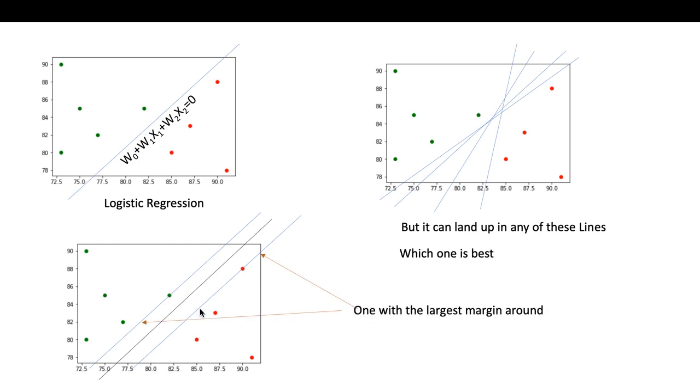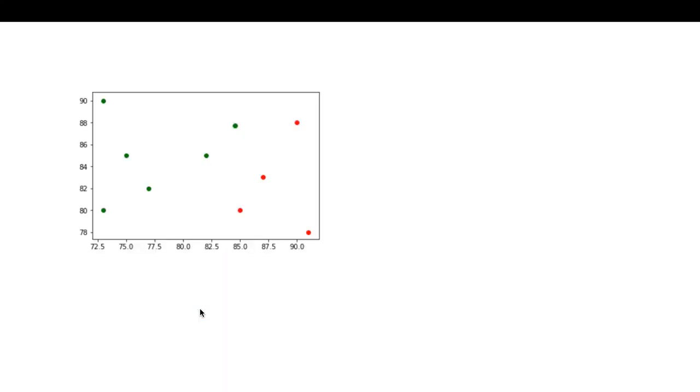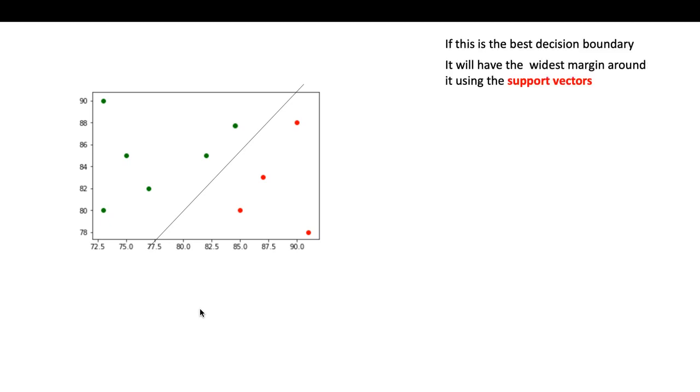Okay, so let's see how we can draw that. This is the largest margin demonstrated in the diagram. Let's say we have these points, and let's say this is the best decision boundary, and it has two margins around it. Why is this the best decision boundary? It will create the widest margin with the support vectors.